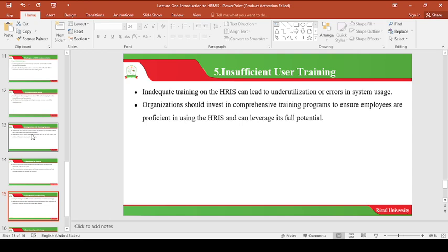People start committing errors because they are not familiar with the system, because the training they were given is not sufficient to master the system. So the implication here is you need to give them at least a lengthy training, or also closely supervise them when they are transferring the data from the existing system to the new system.